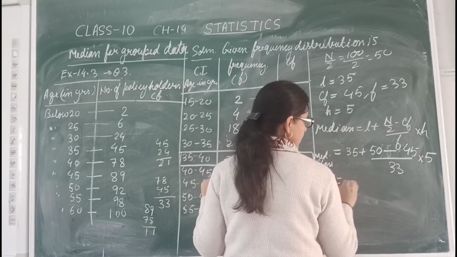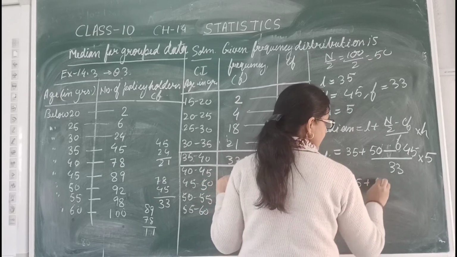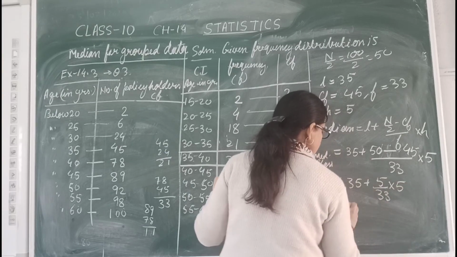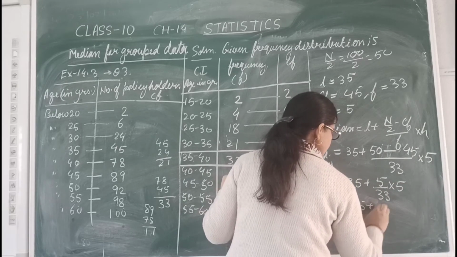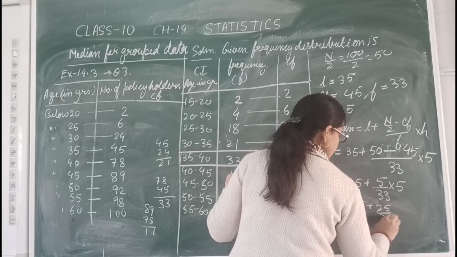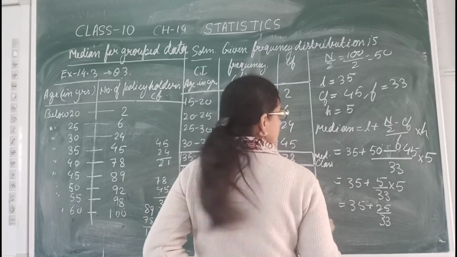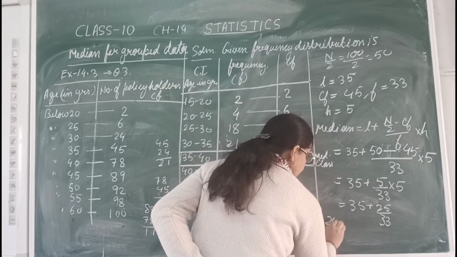So this will be equal to 35 plus 5 by 33 into 5. So this will be equal to 35 plus 25 by 33, and this will be equal to, now finding place to divide.